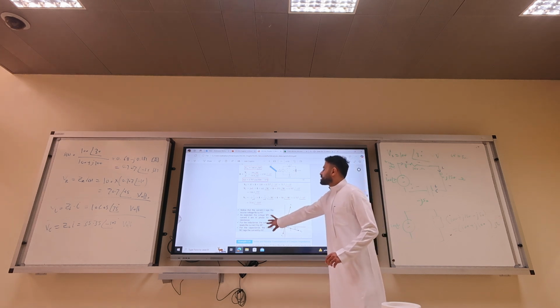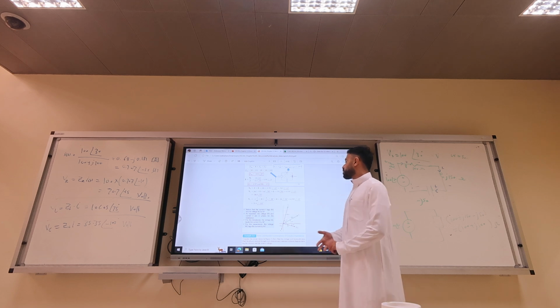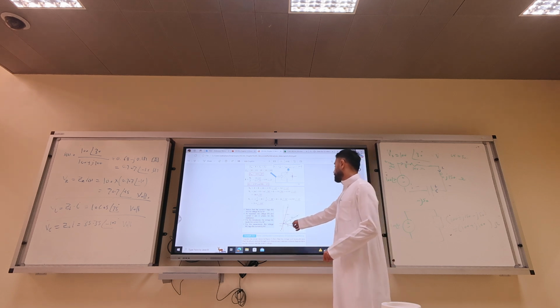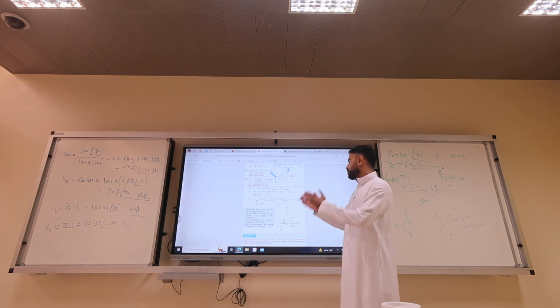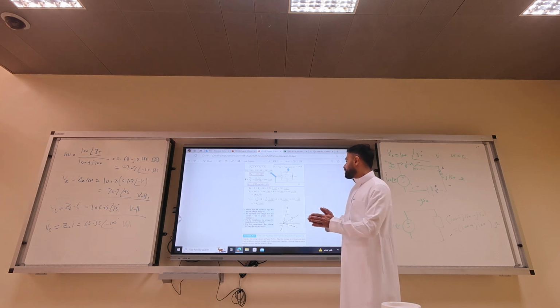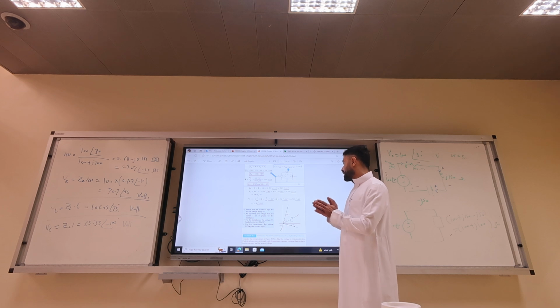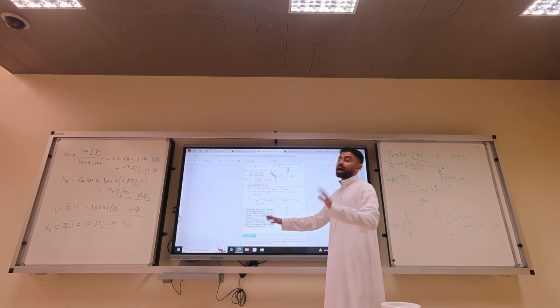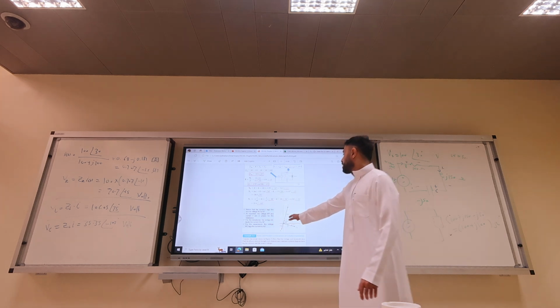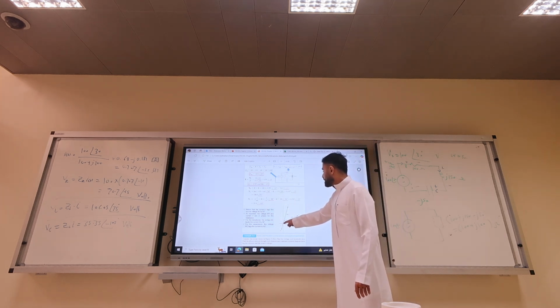So notice that the current I lags the source voltage by 45 degrees. So VS is leading. As expected, for VR, they are in phase. For an inductance, the voltage VL leads. For a capacitance, the voltage lags. I'm sorry, I made a mistake.